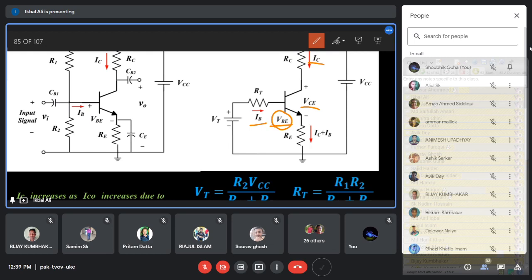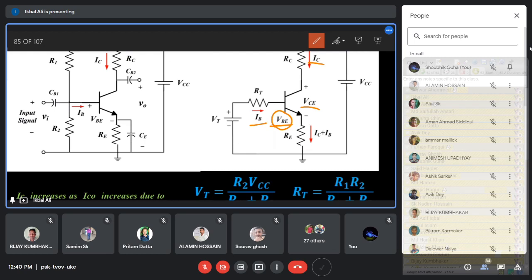So you now have 3 unknown variables of the transistor, and you have to solve for them to calculate the base current, collector current, and collector emitter voltage for this biasing circuit.